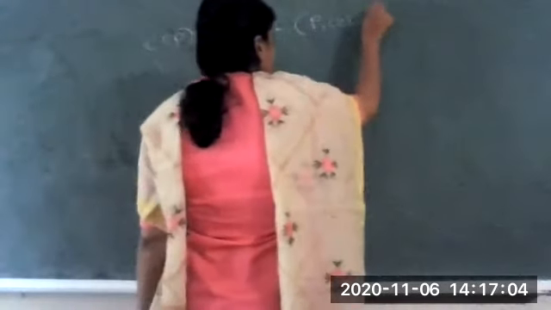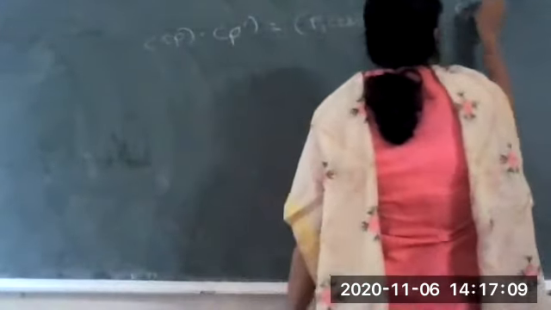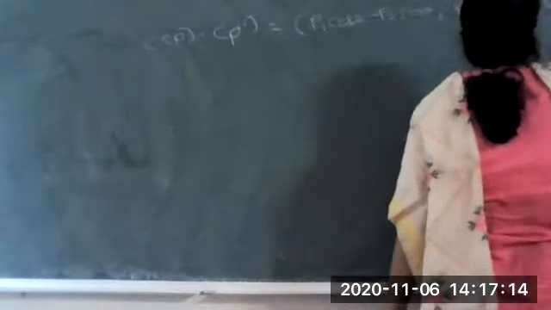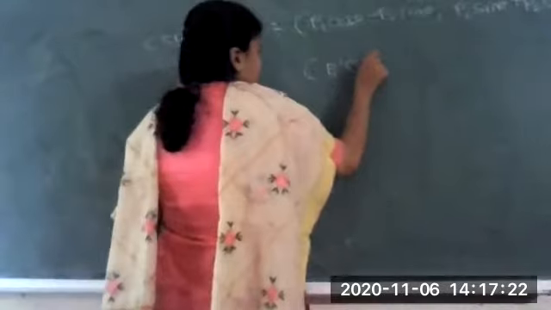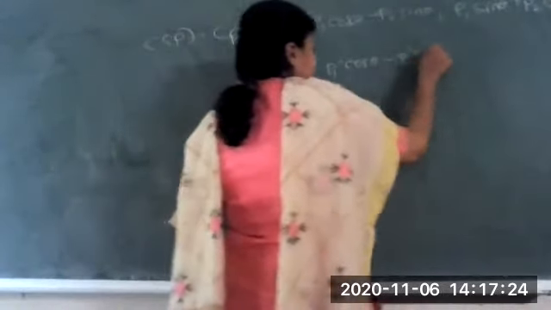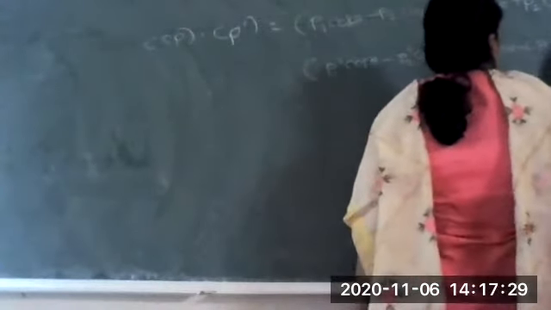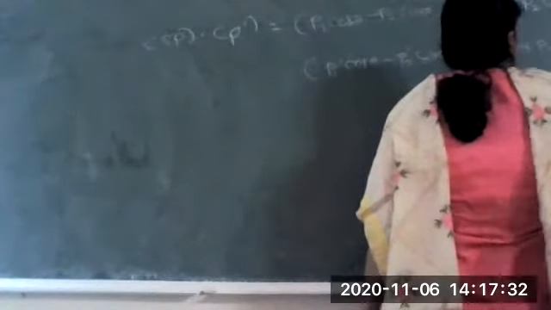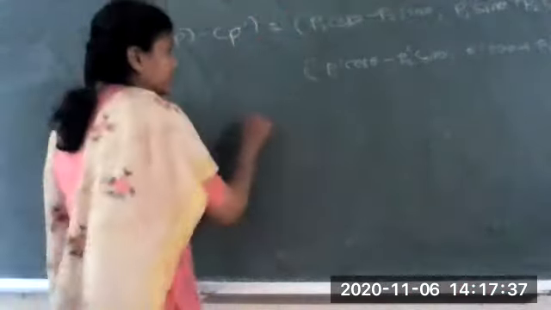So for that I will write down P1 cos theta minus P2 sin theta, second is P1 sin theta plus P2 cos theta, and third is P3 as it is, in dot product with P1 dash cos theta minus P2 dash sin theta, P1 dash sin theta plus P2 dash cos theta, and third is P3 dash. So just take the dot product. How to evaluate a dot product? By coordinate-wise application.